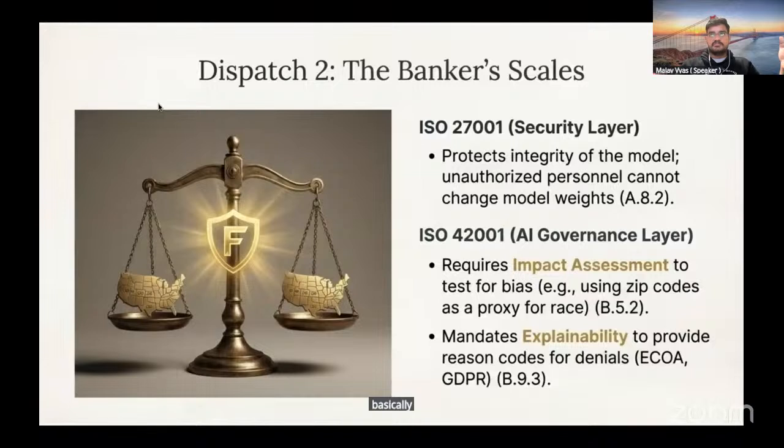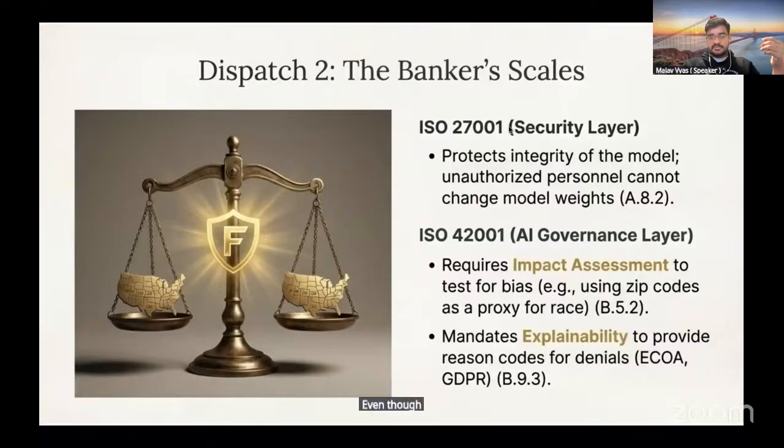For example, let's say a group lives in a certain area, then any home loans from there would be denied. If AI makes those kinds of decisions, that would be really bad. From an ethics point of view, this is not compliant. So this system is not compliant with 42001.